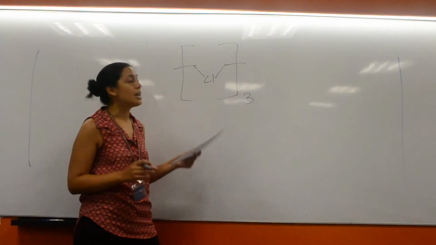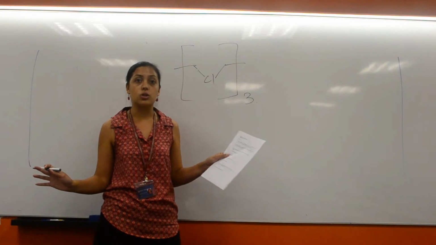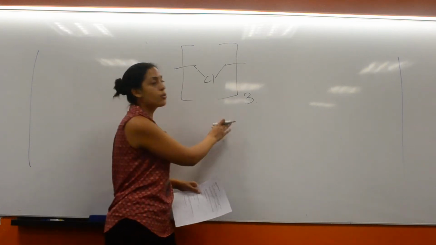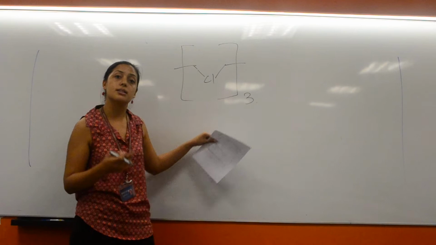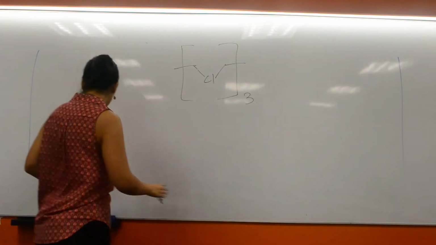Now the question isn't asking for this condensed form, it's asking you to actually draw out the whole structural formula if there were 3 repeating units. But just so you understand this nomenclature, this means the same thing.